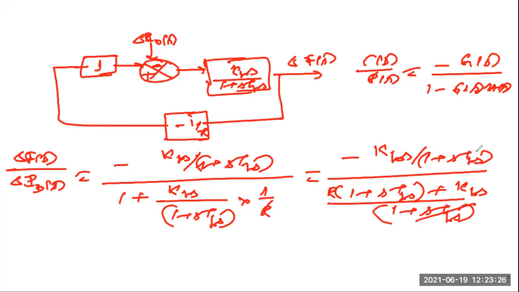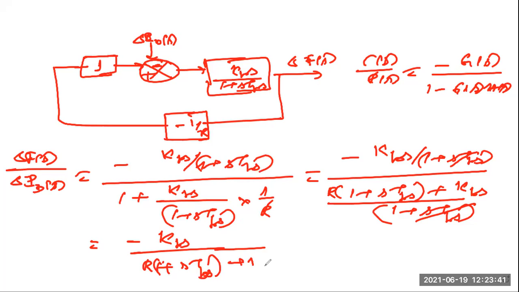Now this will cancel. So finally, this is minus KPS by R into 1 plus STPS plus KPS. So delta FS equal to delta PD by S. Okay. So this is actually the derivation.